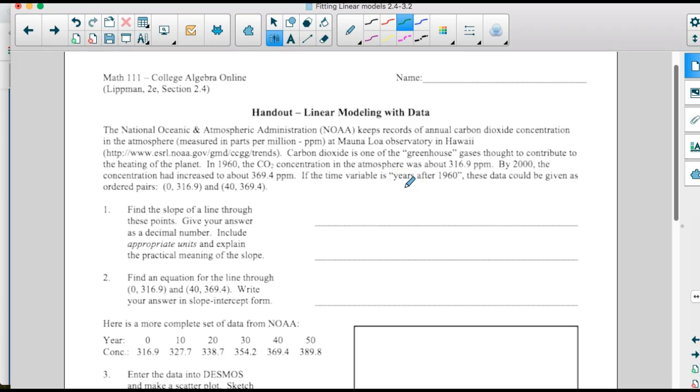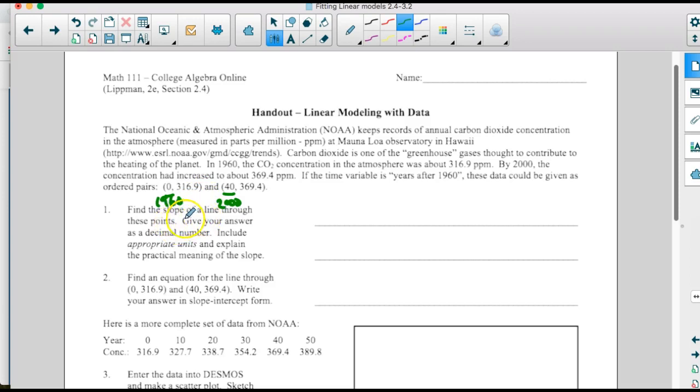They're going to use 0 as 1960, to make it easier, and this one is going to be 40 years past that, so it's 2000, but they actually use 40. Okay, so that just means that whatever year you're going to put in, you're going to have to subtract 1960 from it to put the answer in your equation. You're not going to be able to put the year in there.